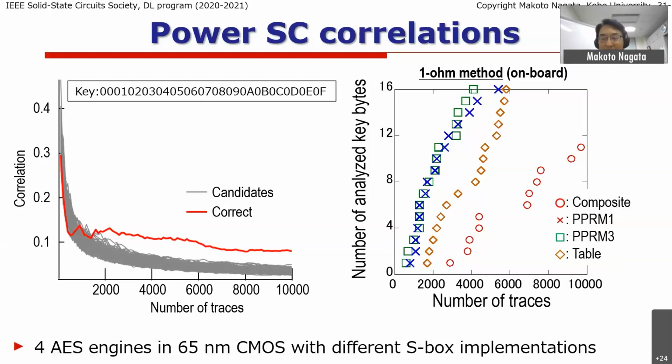This is another source. Nowadays, one of the metrics of the strength of the tolerance of the AES core is the number of traces. How many traces do you need to estimate the secret key byte? Those need to be more than 10 million or even billions.